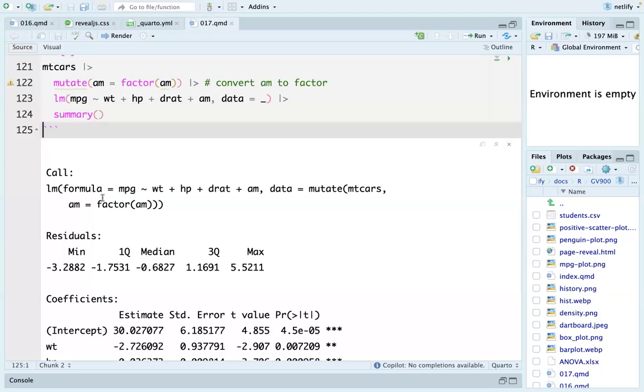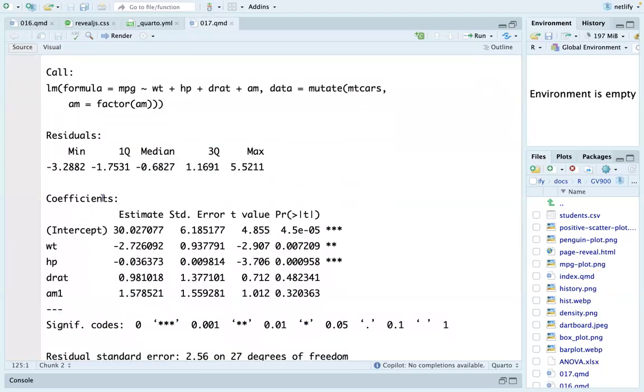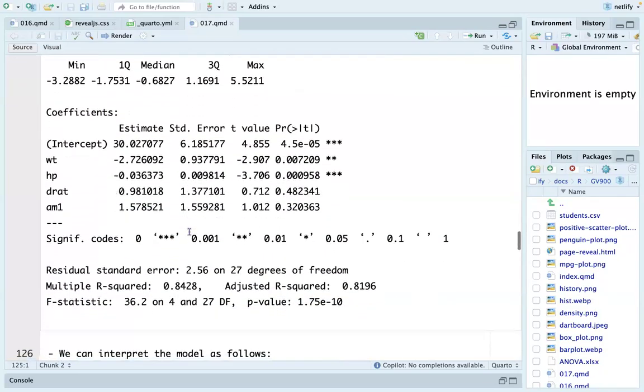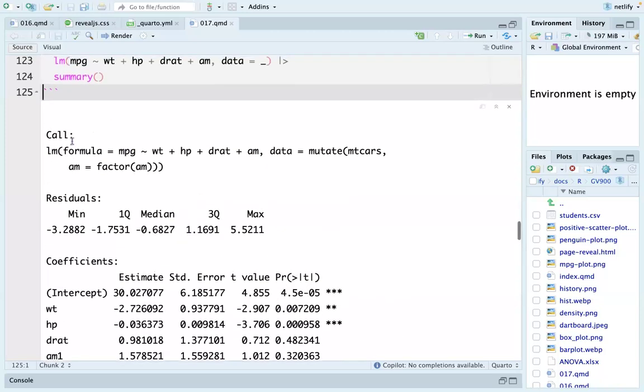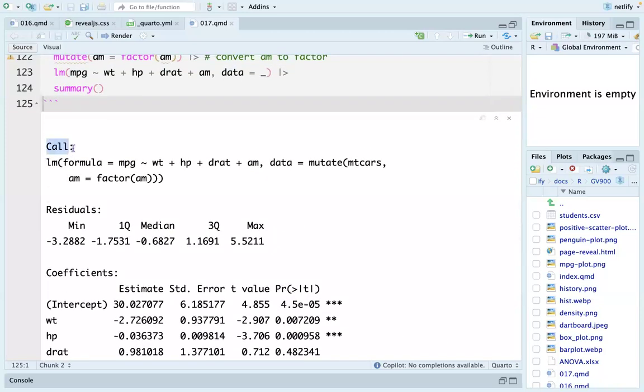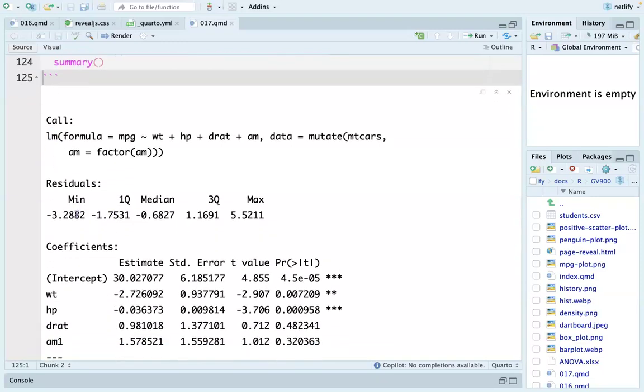So we got the model. How do we understand the outcome? First, the top part tells us what the model is, the dependent variable and independent variables, the data, and the function. It's a linear model, and then the residuals.